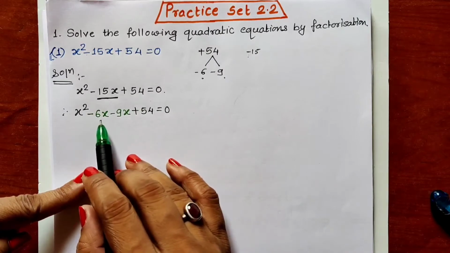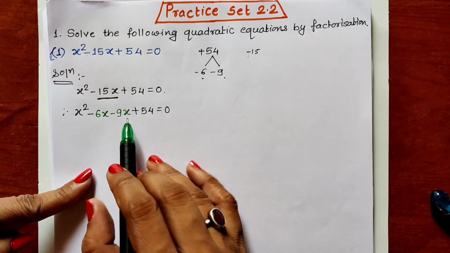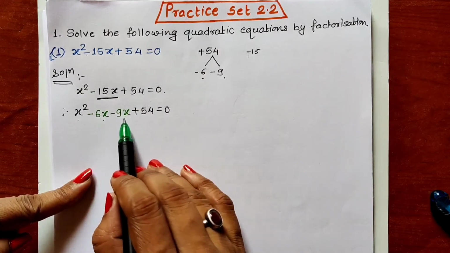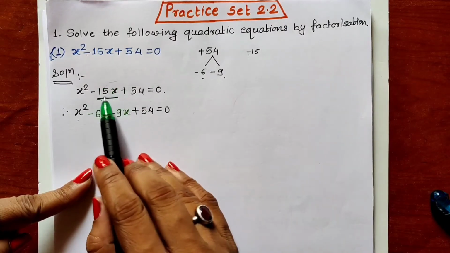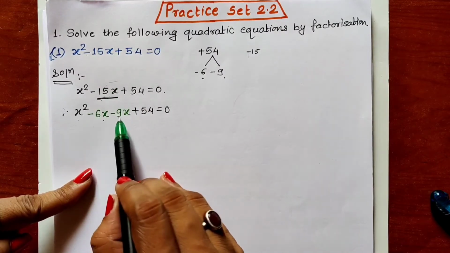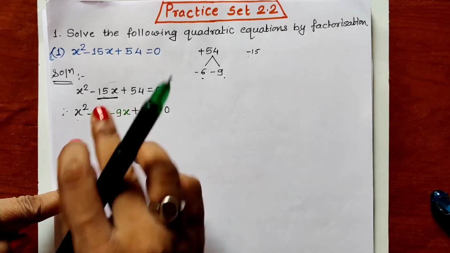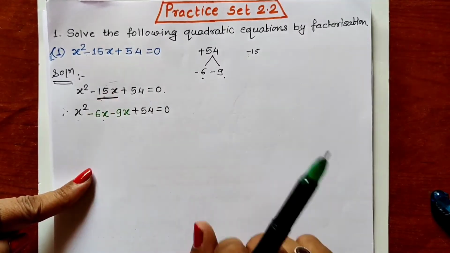After splitting the middle term into two separate terms, we have to take out common from the first and second term, and from the third and fourth term. Always see that the middle term is split properly. Minus 6x minus 9x is minus 15x.